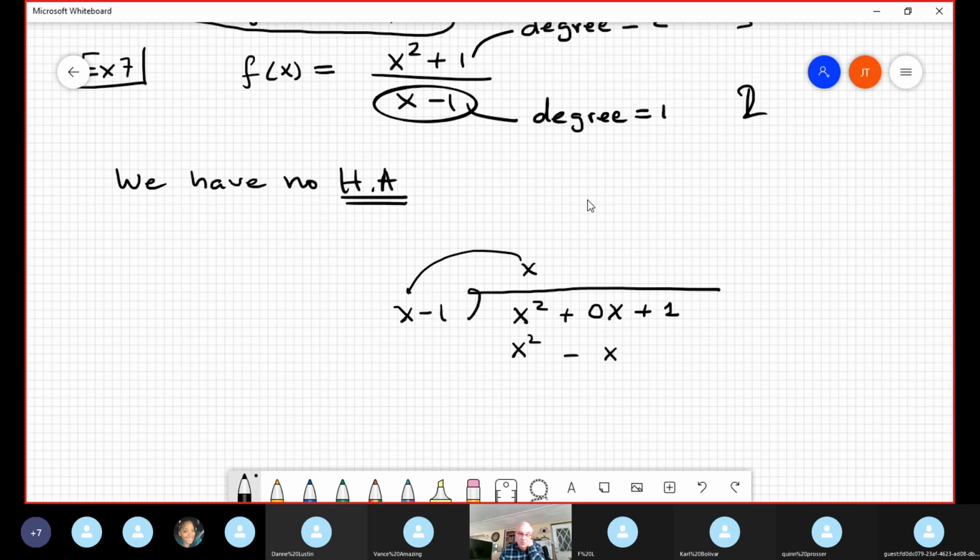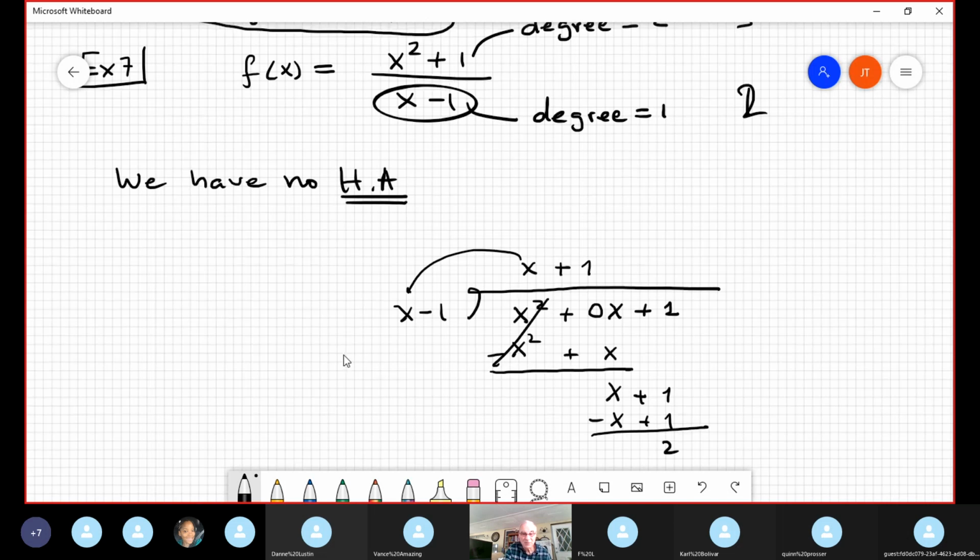Here I put it in the same column. By subtracting, change the sign. This is the disadvantage of long division: you have to remember that you multiply and subtract. This cancels, and this is just x plus 1. Bring down 1. Finally, plus 1, because 1 times x is x, and 1 times 1 is negative 1. By subtracting, change the sign. The answer is 2. The remainder is 2.